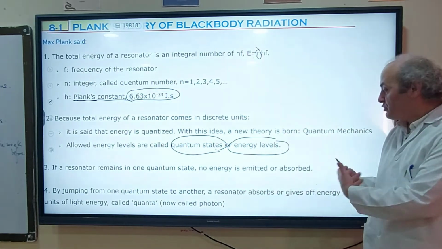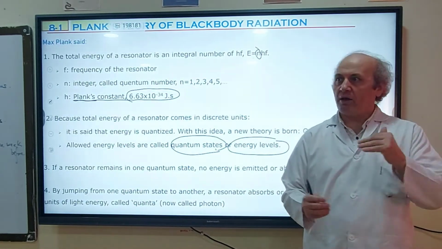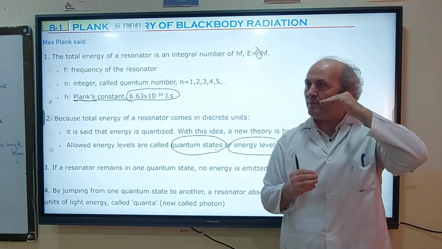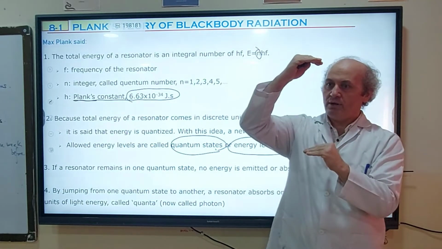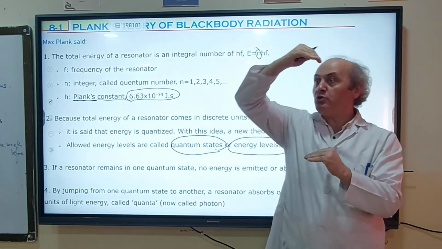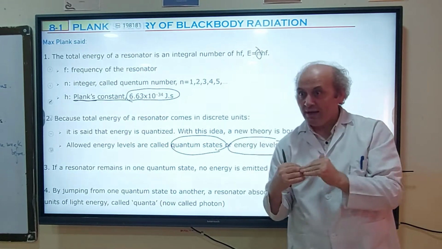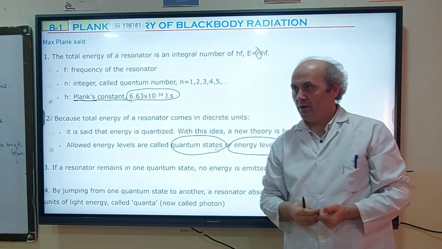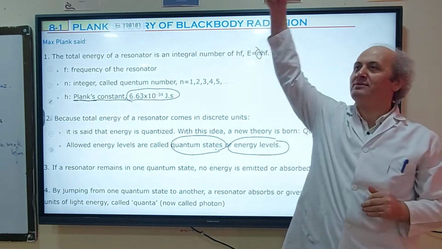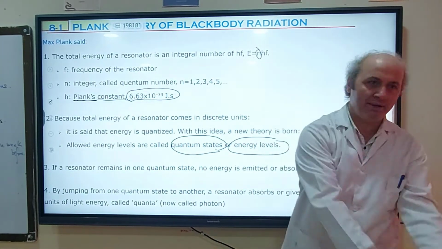A resonator absorbs energy, that is, it takes energy, then jumps from the first quantum state to the second quantum state. Then it turns back again. As it turns back from second to first, it gives off energy. That is, first jumping up to the second floor, then jumping down.